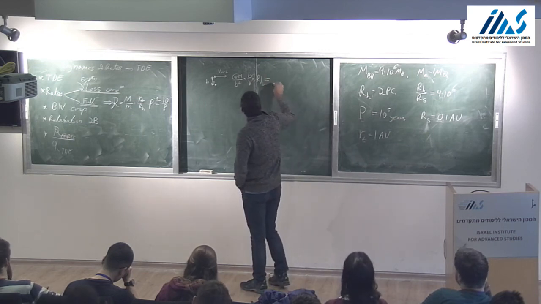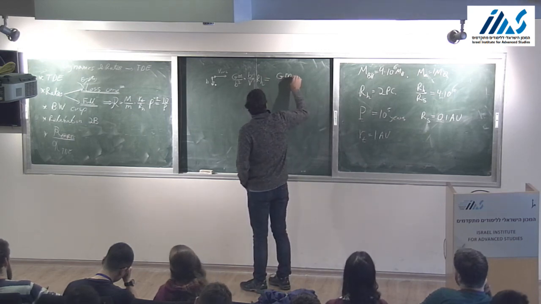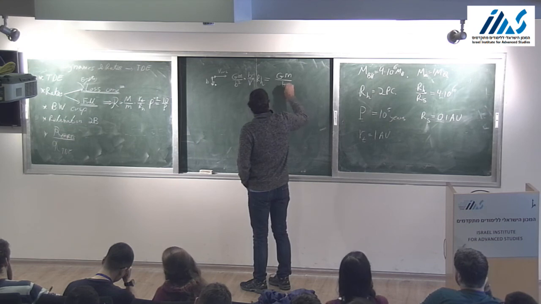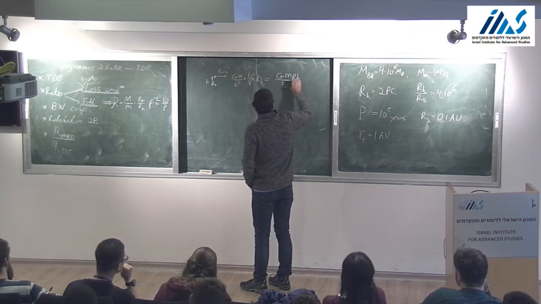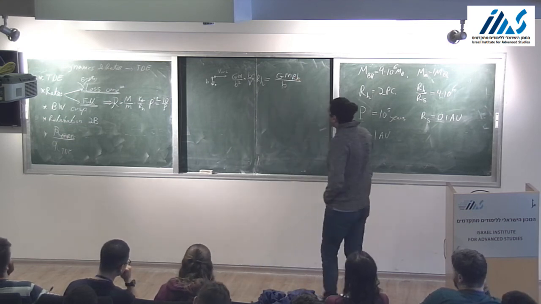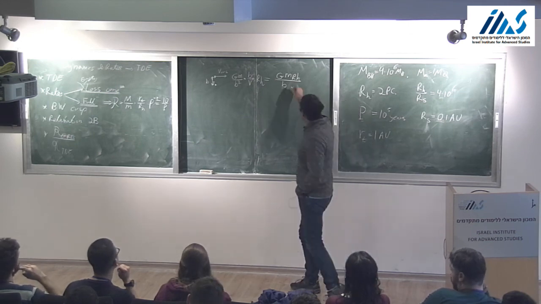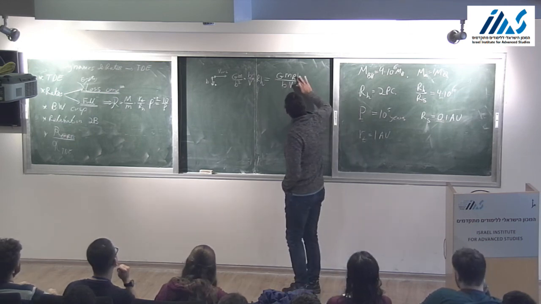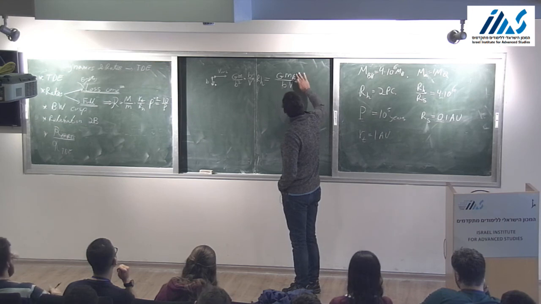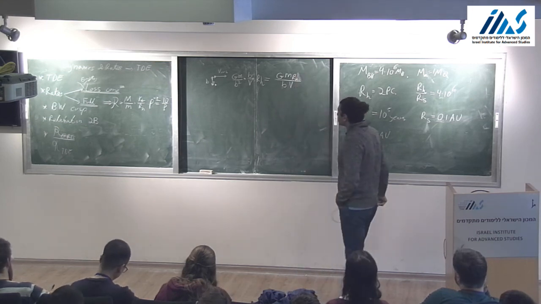So what did I get here? GM over b, R_H, v. And the H should be an index like this. Okay.